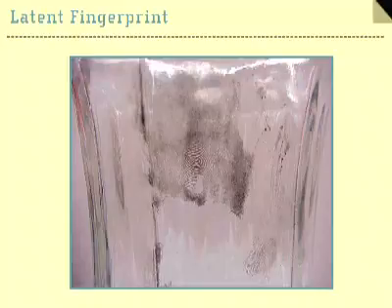The latent fingerprint, the third type, is the most common type found at crime scenes. And this is essentially an invisible fingerprint. It is going to be made visible, but it starts out being invisible. Essentially, the oils, the salts, and the residue from the fingerprint surface of the finger is transferred to another surface.